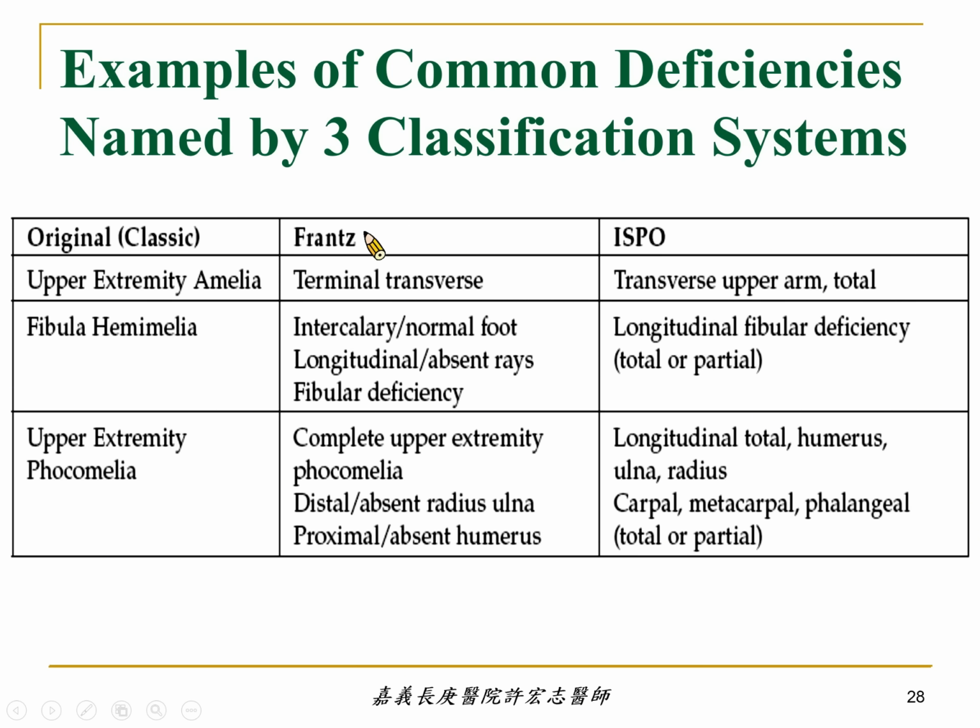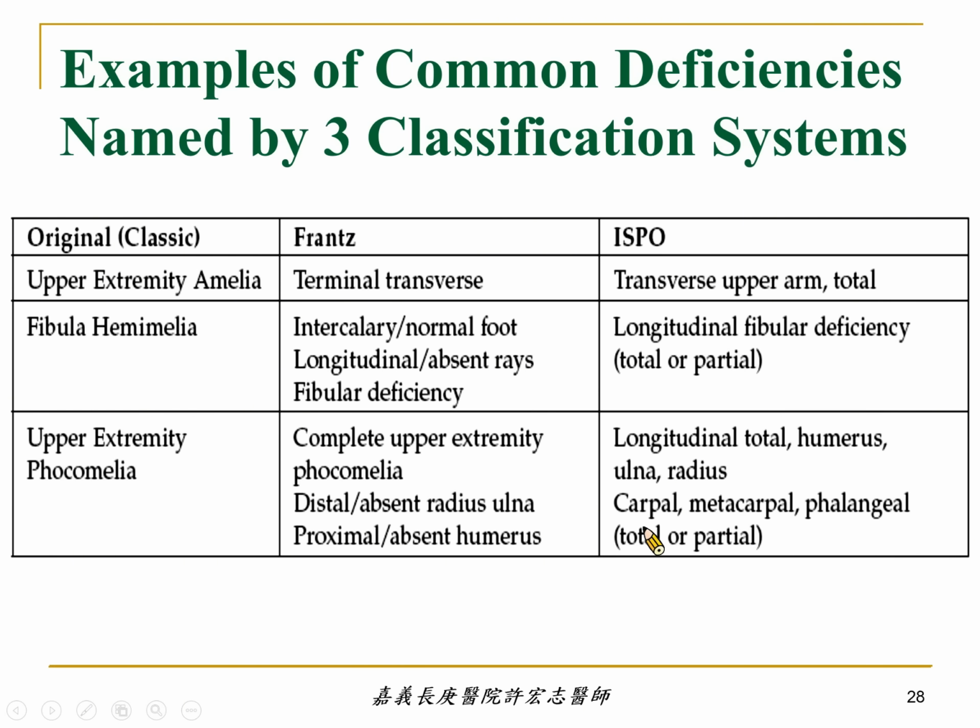In the French classification system, we call that complete upper extremity phocomelia, or distal absence of radius and ulna, or proximal absence of humerus. As for the ISPO system, there is a longitudinal humerus, radial or ulna total loss.